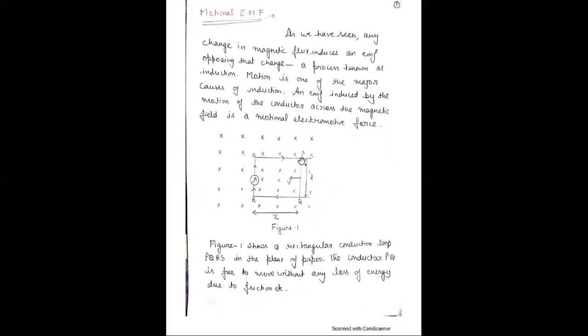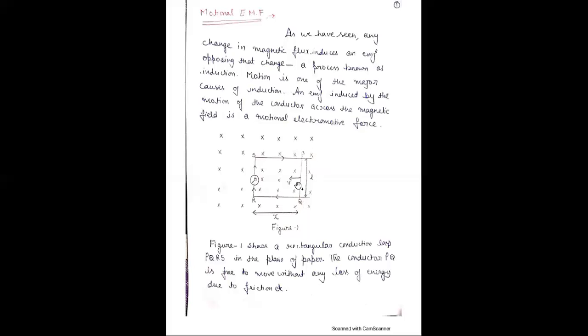The area enclosed by the loop PQRS decreases, because if we move that side towards this, then the distance RQ decreases. Therefore, the area of the loop decreases with movement of the conductor PQ. The magnetic flux linked with the loop decreases, because we know that magnetic flux is phi equal to B dot A, which depends on area.